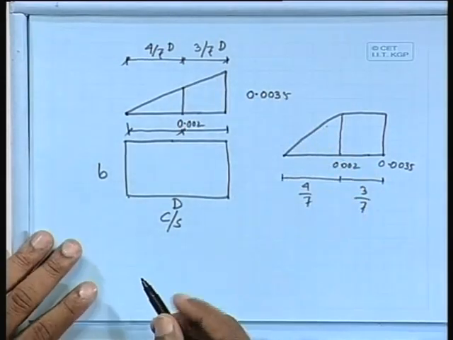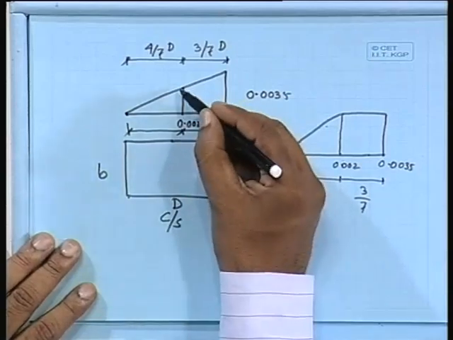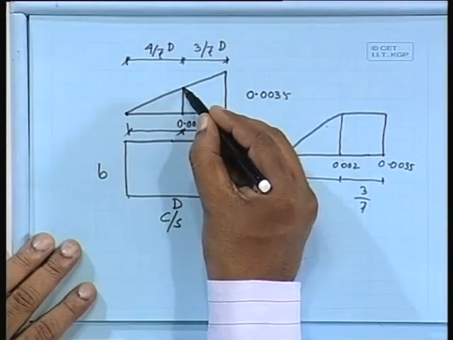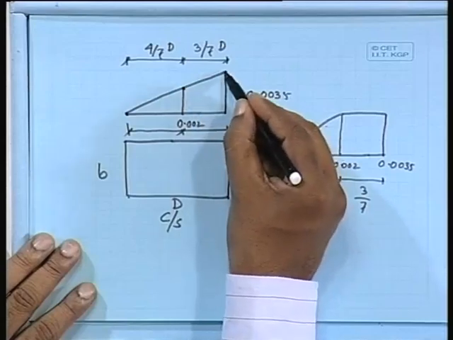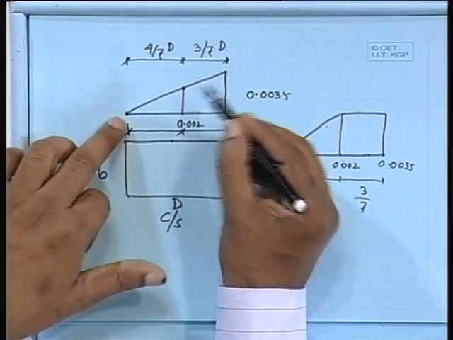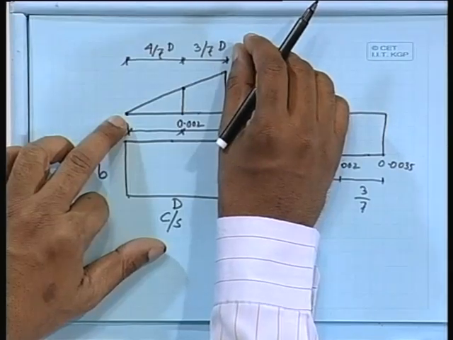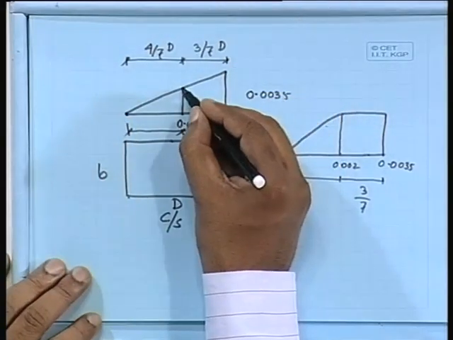Now, this line will rotate with respect to this point, because if we rotate about this, then what will happen? Our strain may increase, it will go beyond 0.0035. So, this is our pivot point.